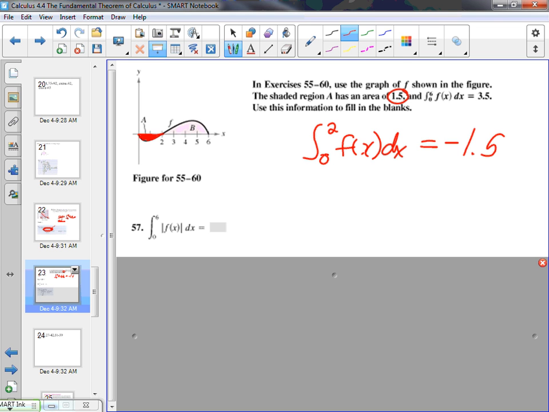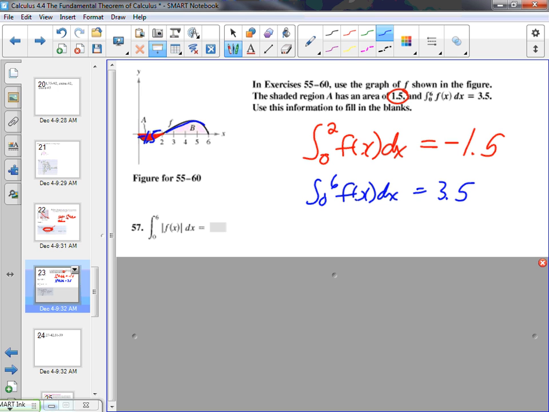Okay. So if that little signed area there is negative 1.5, and we know that the integral from 0 to 6 of f of x dx is 3.5, what would the area of region B have to be? It's got to be 5, doesn't it?